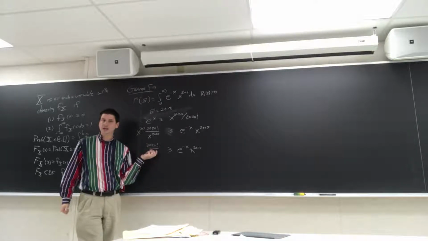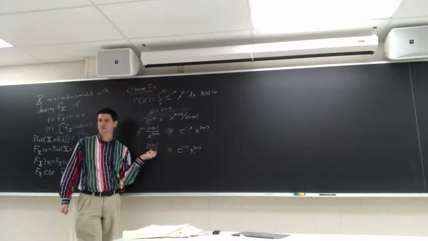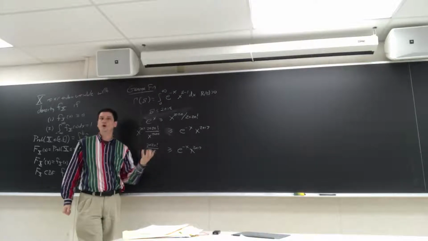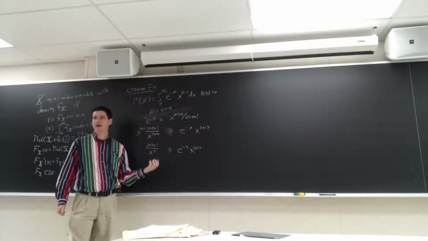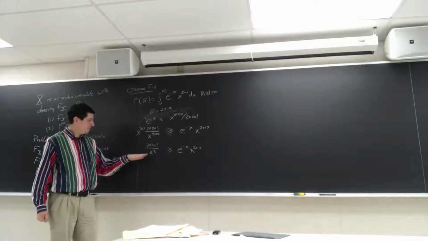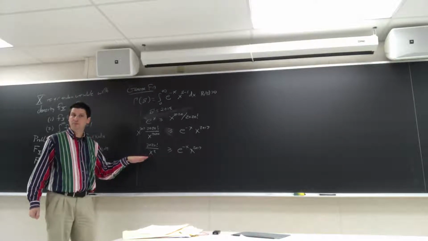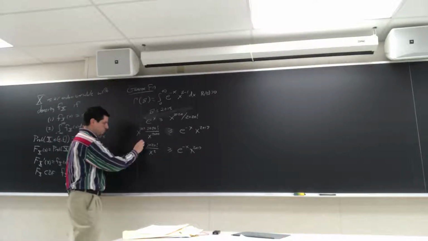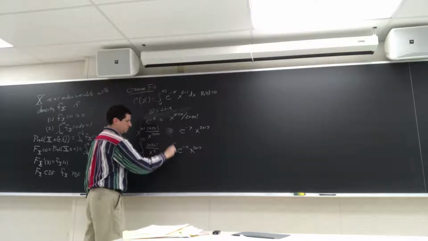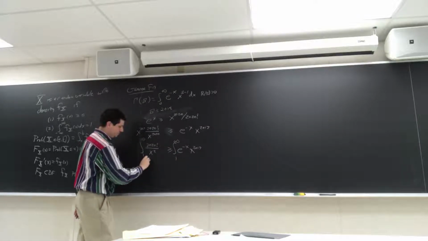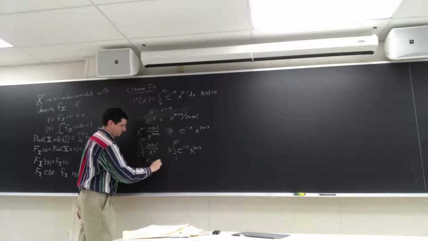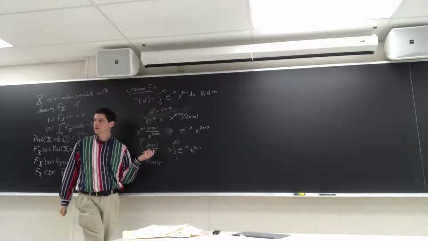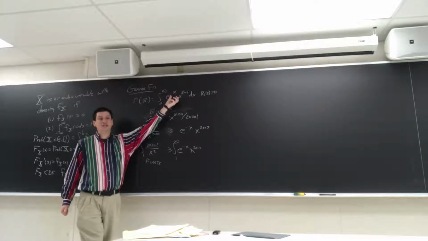As x gets very, very large, this is integrable. 1 over x squared, the antiderivative of this is 1 over x. If I'm evaluating at 0, I have a problem. But if I'm integrating from 1 to infinity, this is finite. So because this is finite, I know this integral is well behaved at infinity.